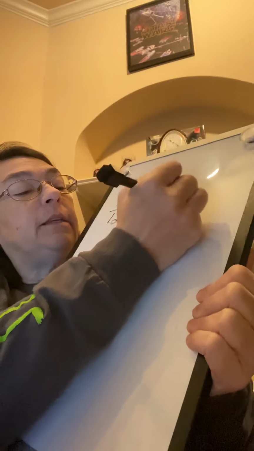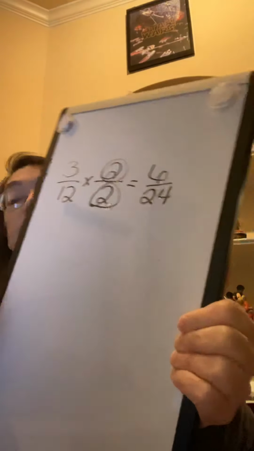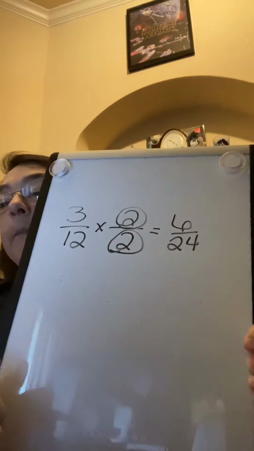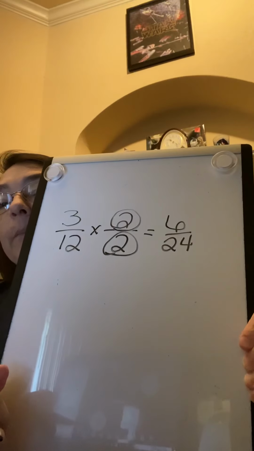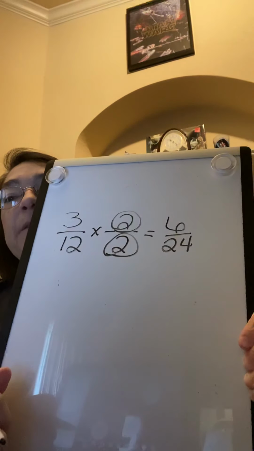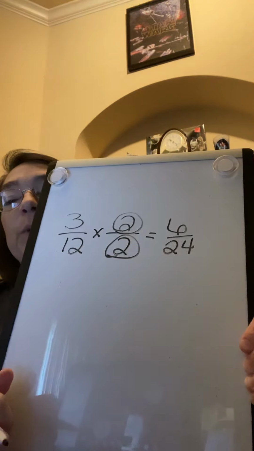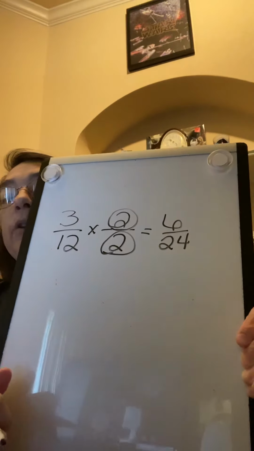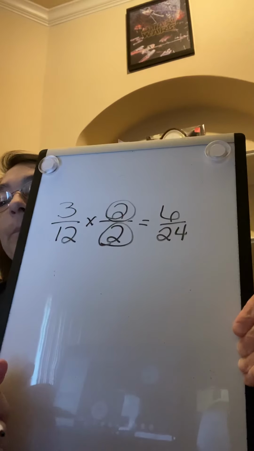So I get 6 over 24. Yes, I gave specific instructions to multiply by 2. But if you multiplied by 3 or 4 or whatever, I went ahead and gave you credit for it.